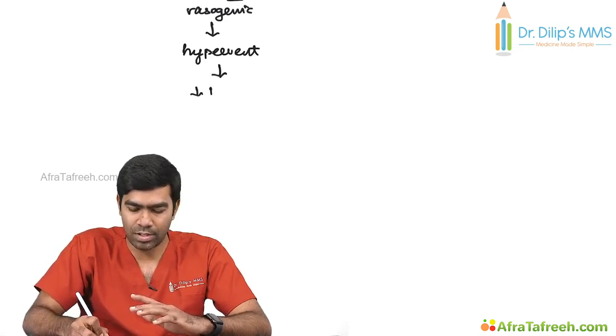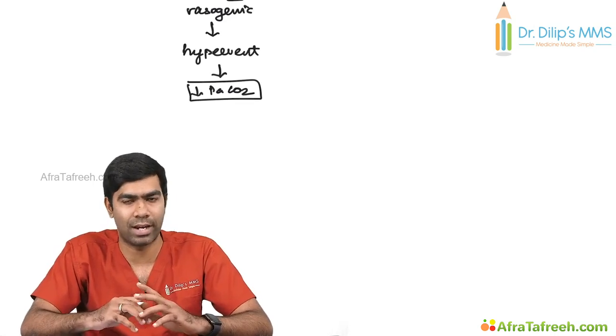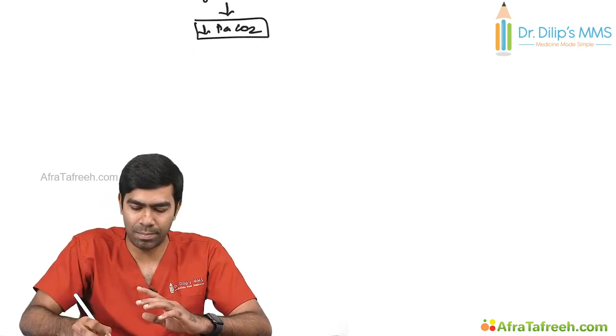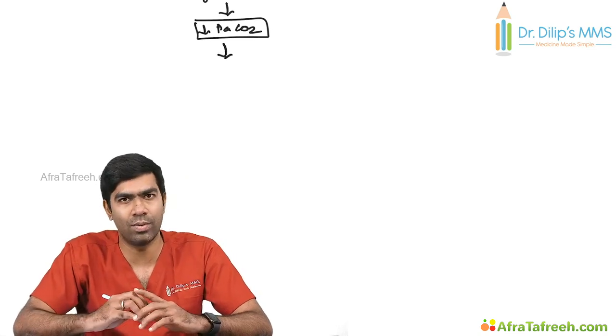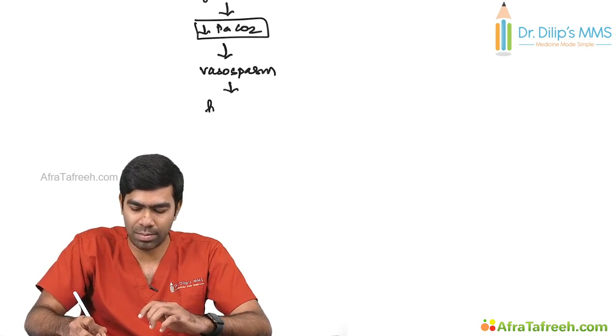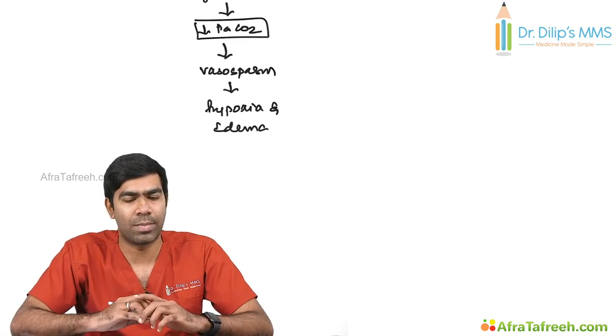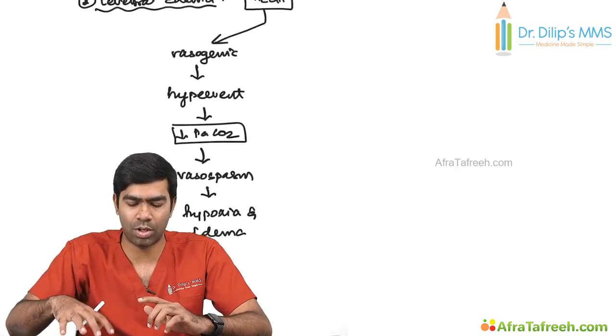And this hyperventilation is going to reduce the PaCO2 drastically, especially PaCO2 values of less than 20, which carry a higher risk. Since the brain vessels in children are more sensitive to changes in PaCO2, this low PaCO2 is going to induce vasospasm, which will result in cerebral hypoxia and subsequent edema.